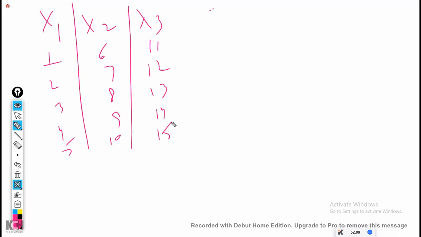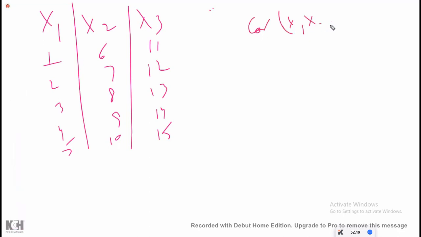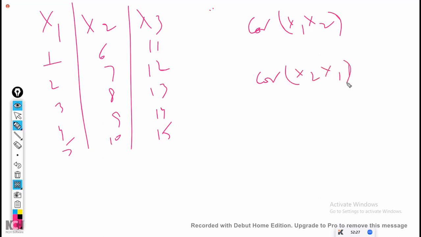Now, here, whatever I'm considering, x1, x2, and x3. Calculate the correlation of x1 and x2. What is the correlation? Just calculate. Similarly, what is the correlation of x2 and x1? Calculate after the class.